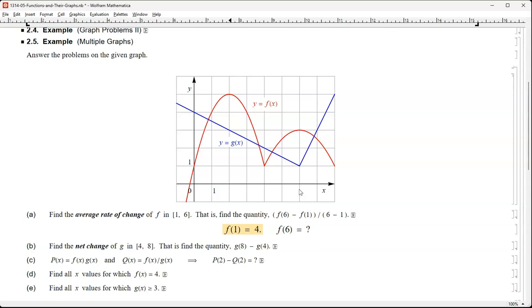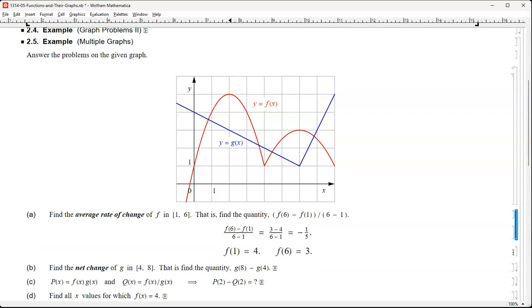And you have to move vertically until you hit the point on the graph. We are looking at f of 6, so red graph only. Right here, what's the y-coordinate value? 3. Alright, so plug in 3 and then plug in 4 in appropriate places and do your computation. You're going to get negative 1/5.